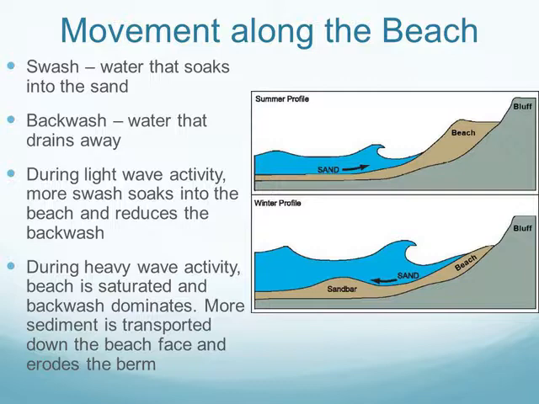So the sand on the beach stays on the beach. That's why during the summertime you have really nice beaches, whereas during the wintertime you tend to have more wave activity. So your backwash is greater than your swash, and that tends to transport more sand into the ocean.